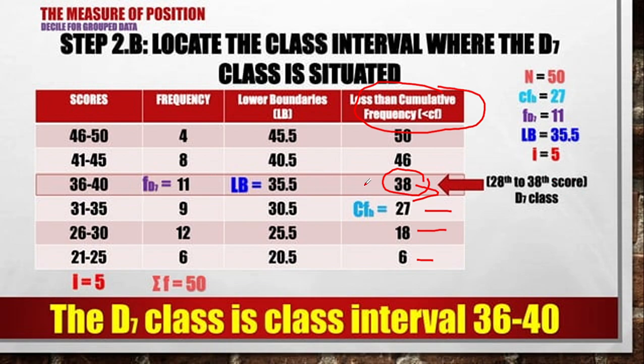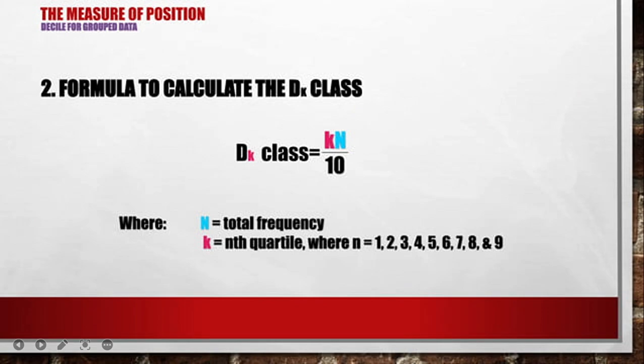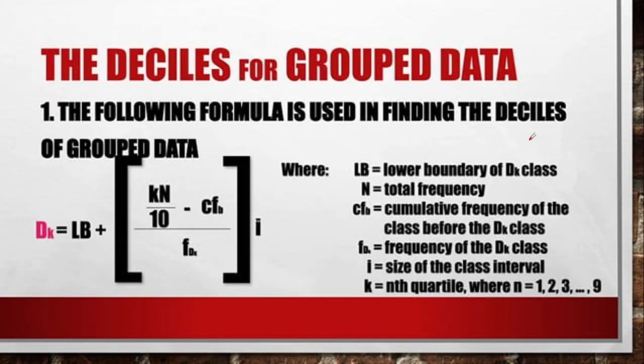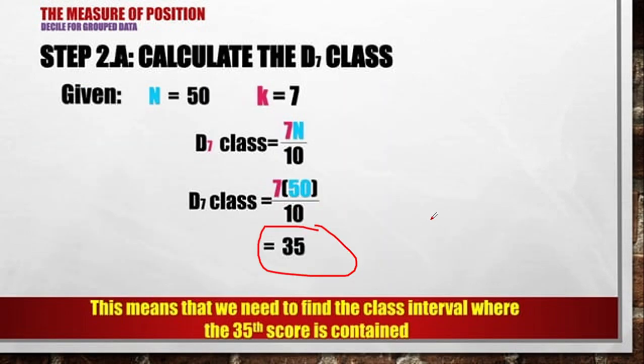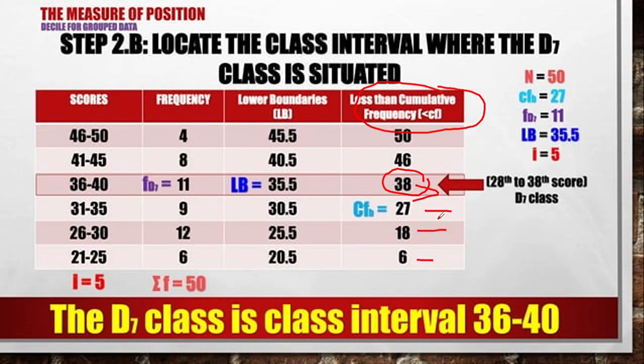So, diri ta mag-focus. Sa formula nato kagaina, sa ato formula earlier, pangitaon nato si LB, pangitaon nato si CFB, o si frequency. Si cumulative frequency before the D7 class, frequency of the D7 class. So, balik ta diri. Kinsa man ang ato n, that's 50, we know. Si cumulative frequency before the D7 class, mao ni ang ato CFB.